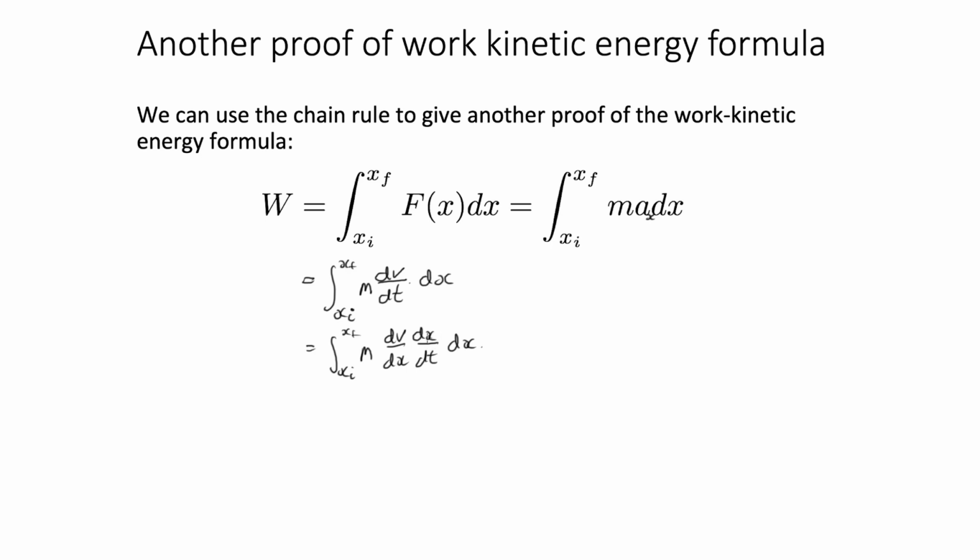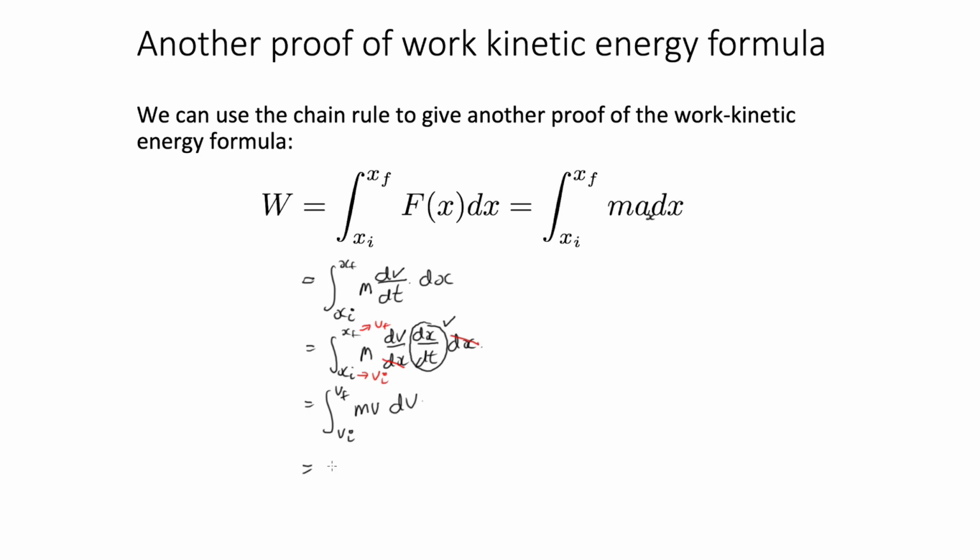Now what's nice here is that dx/dt is actually v, so I can cancel out my dx's, one on the top and one on the bottom. And now I'm also going to want to change my limits, because I've got this as a function of v. So I will change my limits to v initial and v final. So this is equal to the integral from v initial to v final of m v dv.